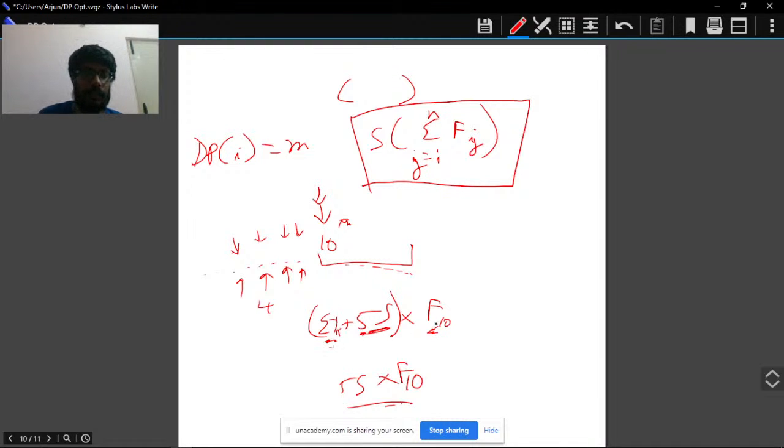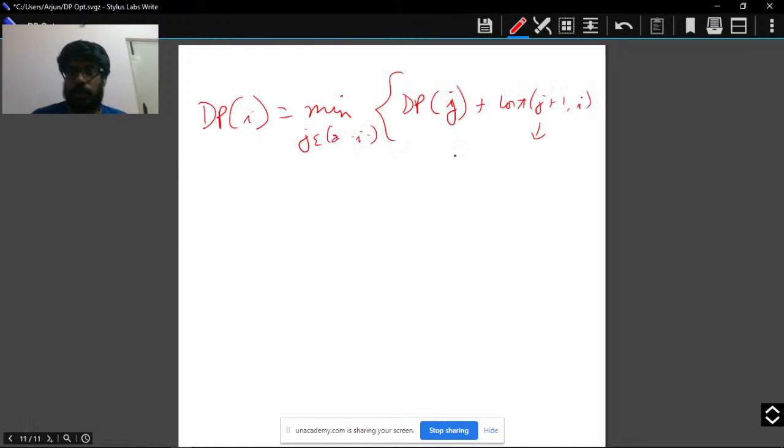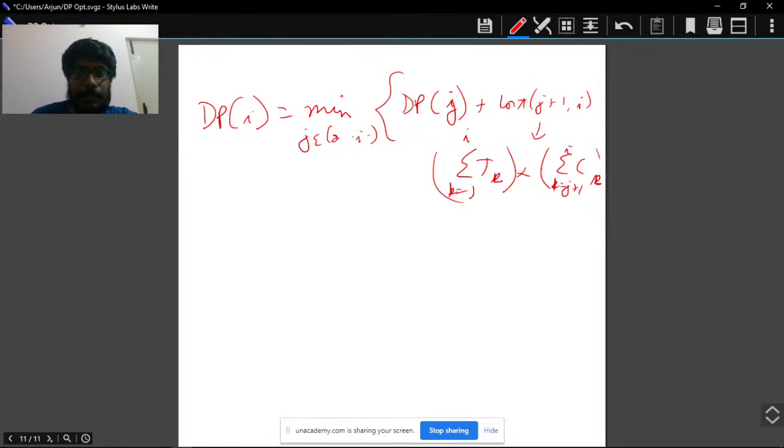That's just the summation of all the times into the summation of all the cost factors, so summation tk, k ranging from 1 to i, into summation ck, k ranging from j plus 1 to i. Yeah. So that is the easy cost.